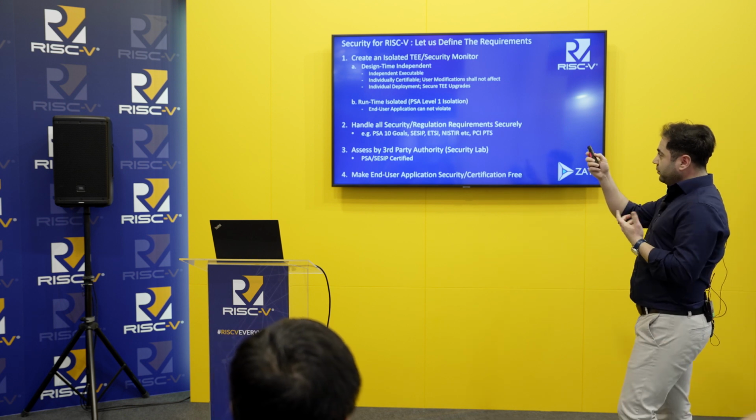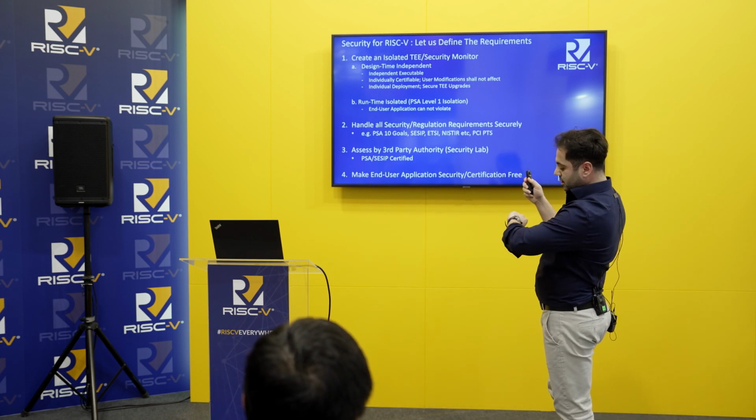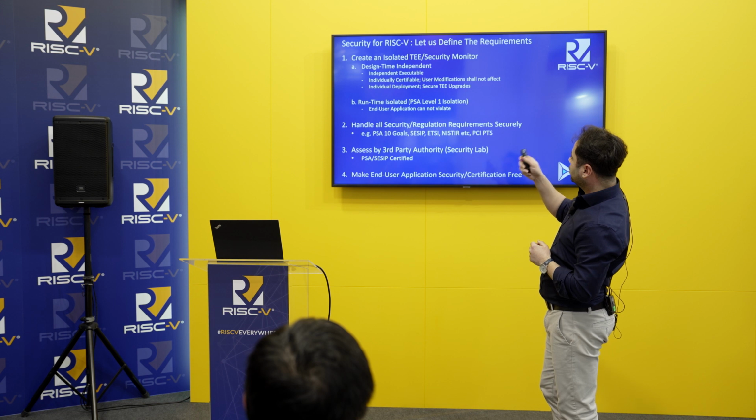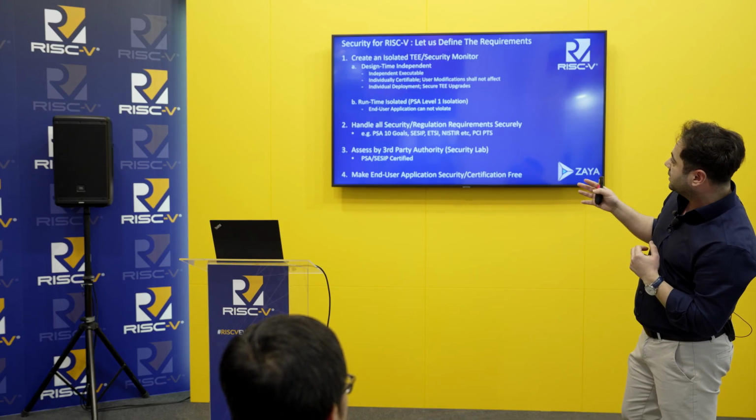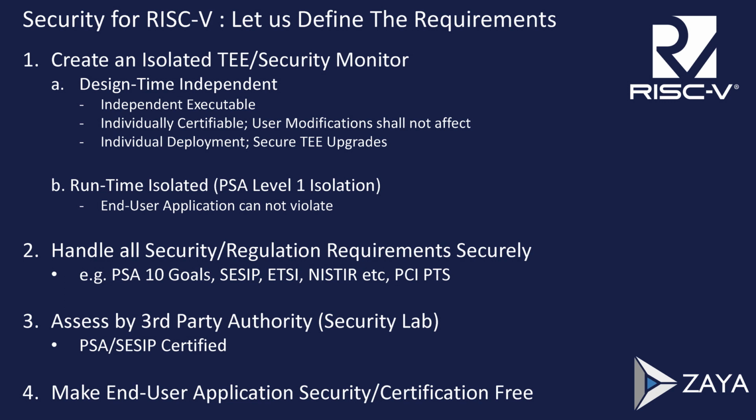If we could have an independent solution, we could have an individually certifiable module. You can even have it third-party certifiable as an independent executable, and it wouldn't affect the rest of the system. Also, individual deployments. If you are just updating a user application, why do you need to update your TE or security? So it must be an independent executable to deploy independently.